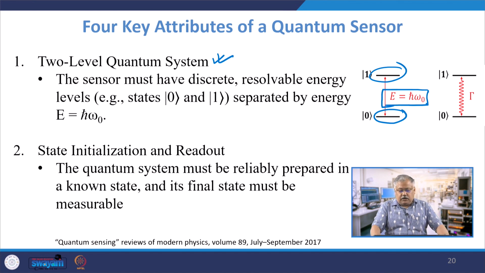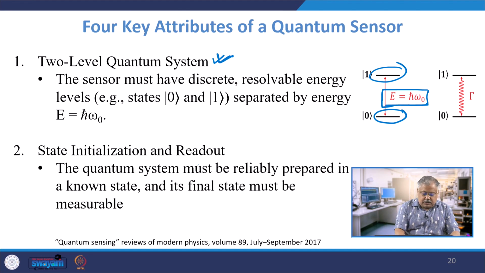Similarly, when moving from 1 to 0, the energy released will be equal to h cut into omega naught, where omega naught is the frequency which you are seeing.